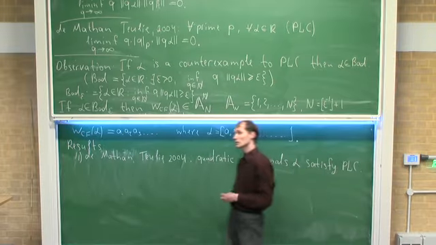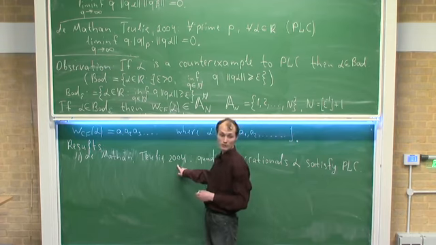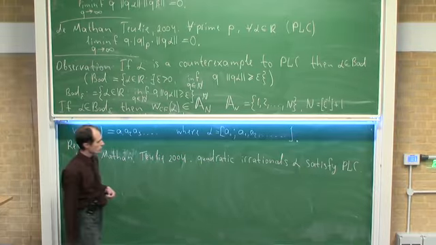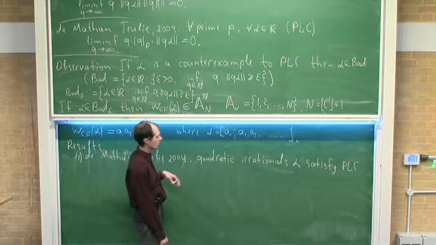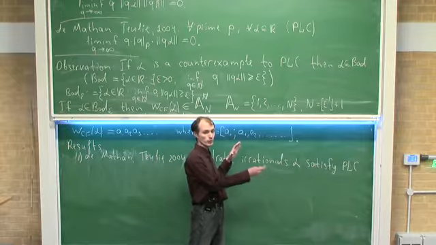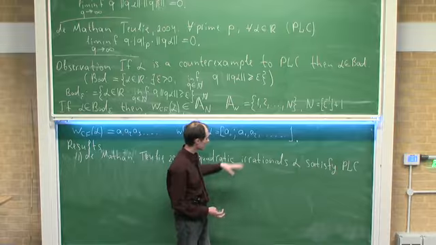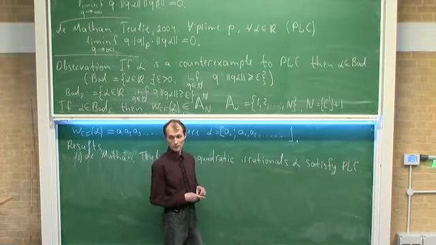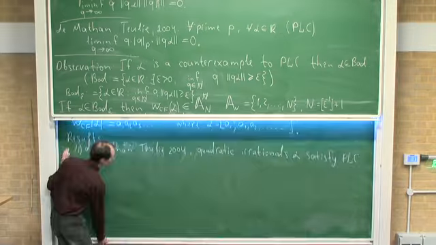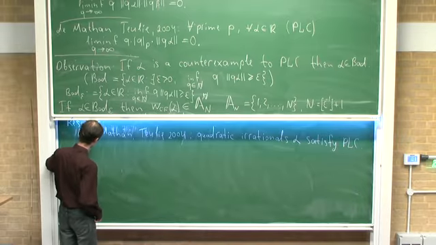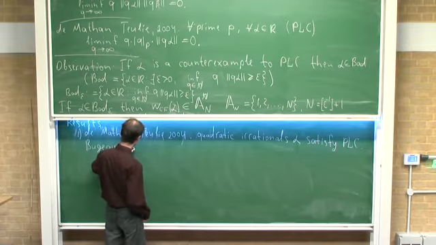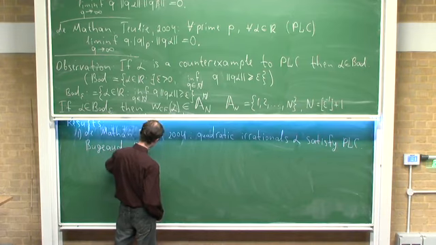Then slightly later, I don't remember the year, probably 2006, Bugeaud, de Mathan, and Badziahin generalized it slightly. They showed that if the continued fraction expansion contains arbitrarily long periodic parts, then it still satisfies PLC. Okay, let me write it here.